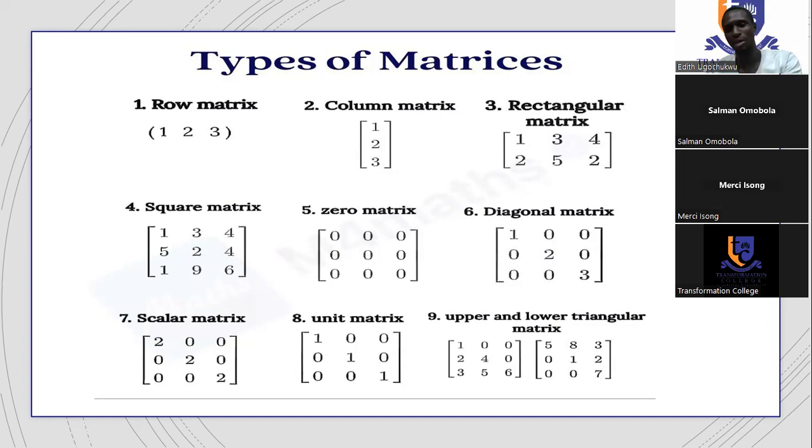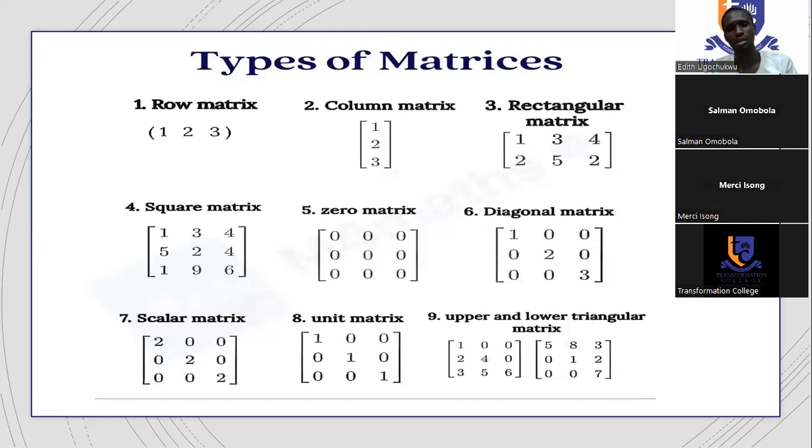So a diagonal matrix on its diagonal is going to be having different elements, not unit elements. It can be 4, 5, 6, it can be 2, 4, 8, it can be 6, 2, 9. But a scalar matrix just has on its diagonal one repeated element.